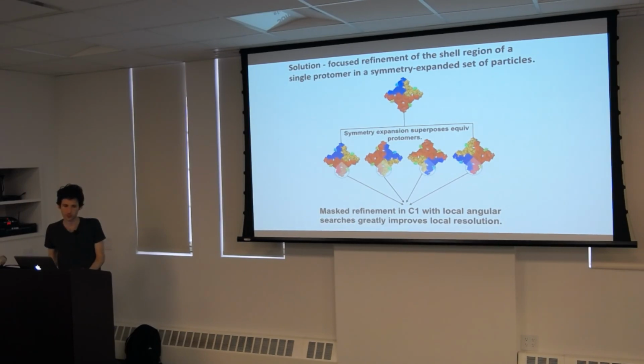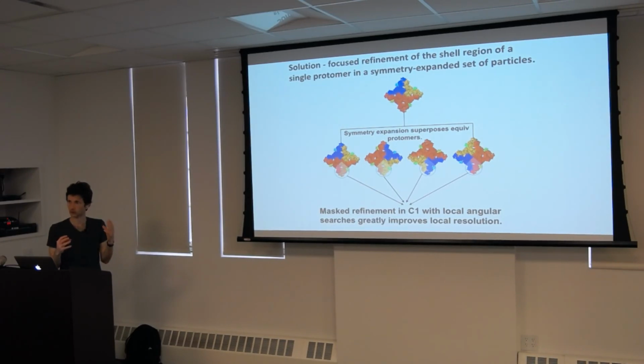Yes. So it depends on the situation. If you're talking about a situation where you have a single domain that's, let's say, continuously distributed with respect to the rest of the protein, then local refinement or focused refinement will usually work quite well, assuming that region is big enough. If it's the case that you just have a region that's flexible, that's continuously distributed in shape, then focused refinement isn't going to help you.